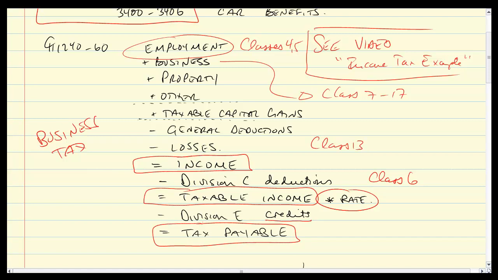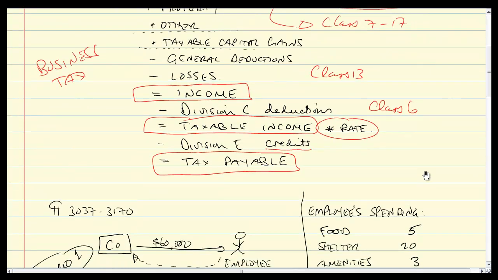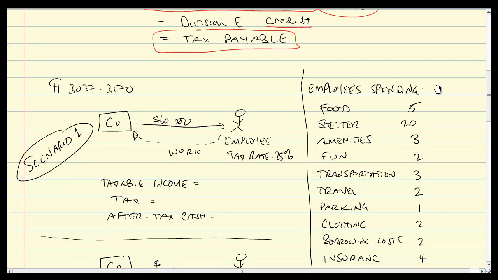Okay? So the question we move on to, when we look at employment income, is what should be remuneration. The question is what gets counted as employment income.